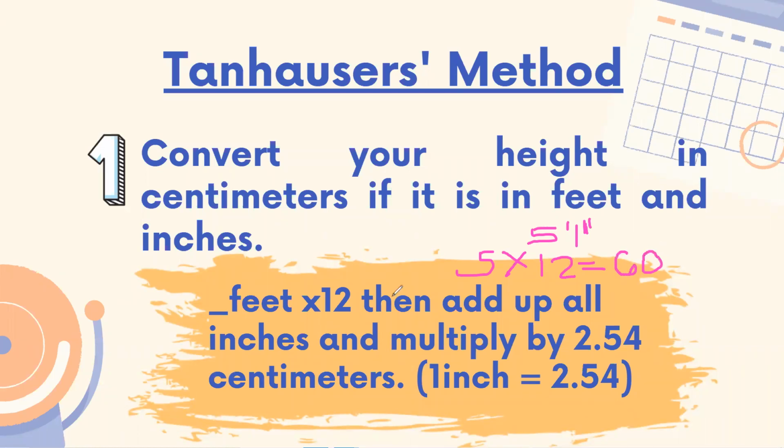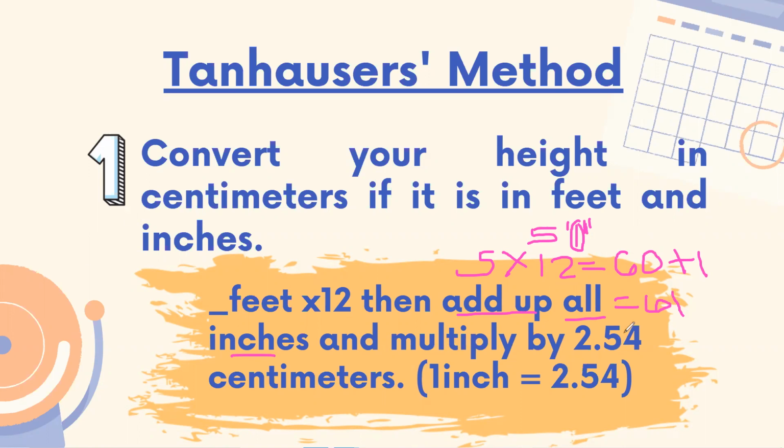And then it says here, add up all inches. So here, 1 inch, since my height is 5 feet and 1 inch. So 60 plus 1 is equal to 61.